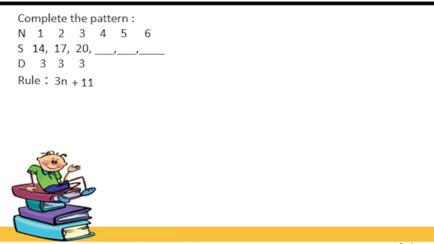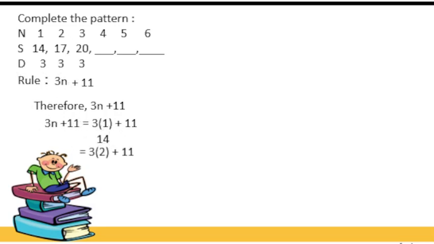You cannot get 14. Therefore, 3n plus 11 will become 3 times 1 is 3 plus 11 is 14. So for the second term, 3 times 2 plus 11 is 17. And then for the third is 20. So the terms are 23, 26, and 29.